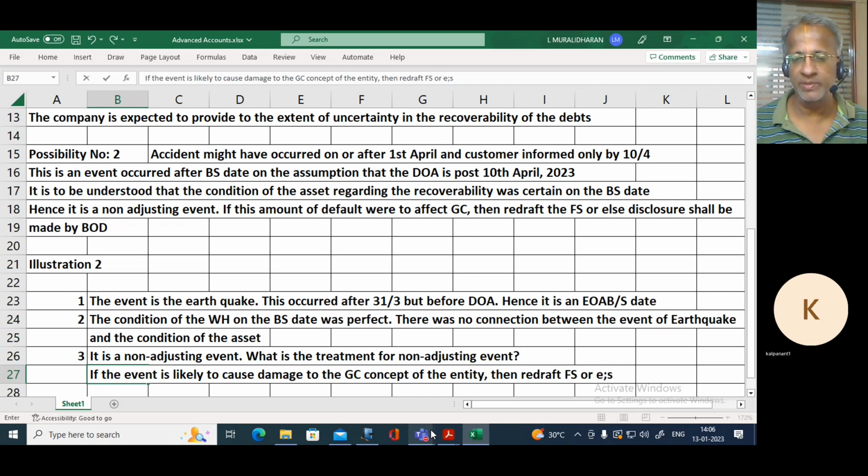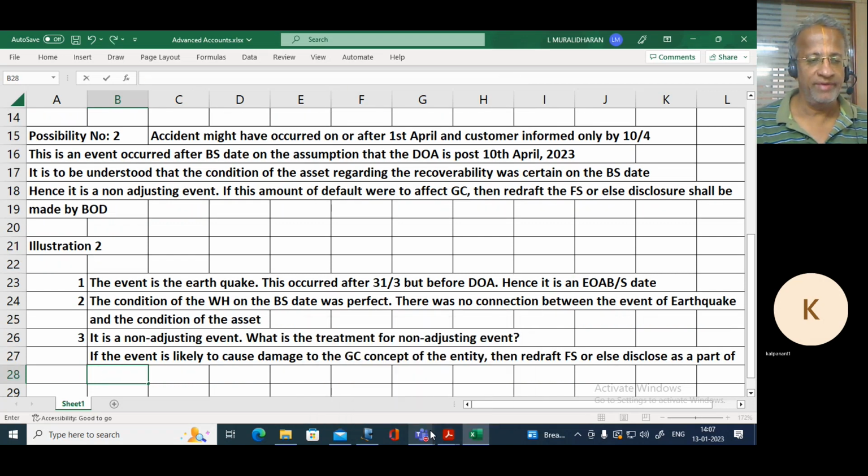Or else, it is not affecting the going concern concept. Disclose as a part of the board of directors report. That's over. This is the way you have to write.